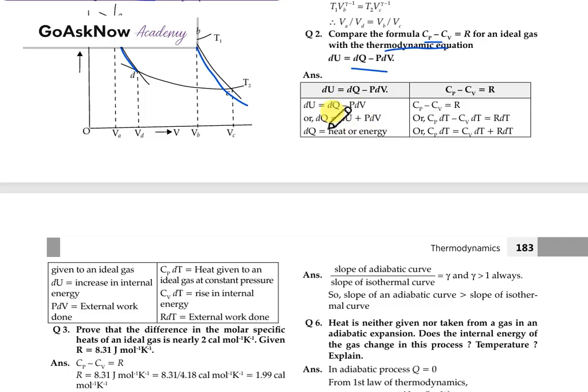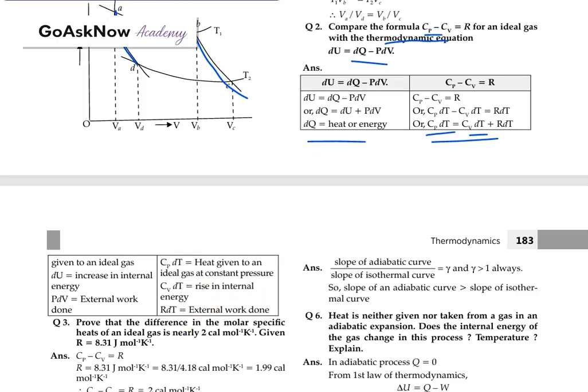Here dQ is the heat or energy, and we rearrange this equation. Given to an ideal gas, dU is the increase in internal energy and P dV is the external work done. Here Cp dT is the heat given to the ideal gas at constant pressure, Cv dT is the internal energy, so R dT is the external work done. From this equation, we have concluded the internal energy, external work done and so on.